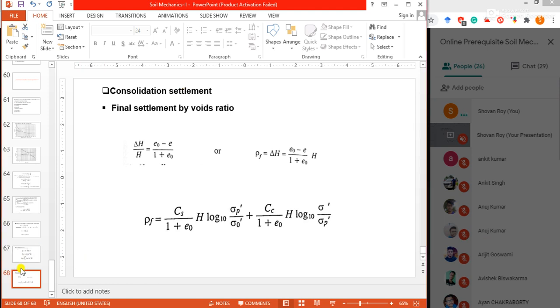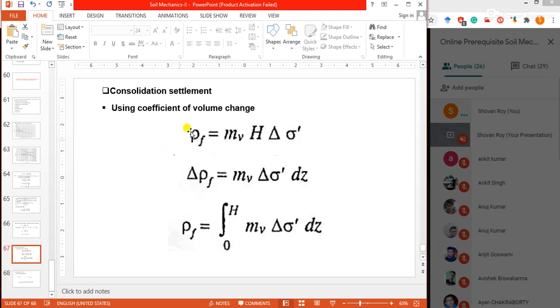As you can see, using coefficient of volume change, the consolidation settlement we can denote rho f.